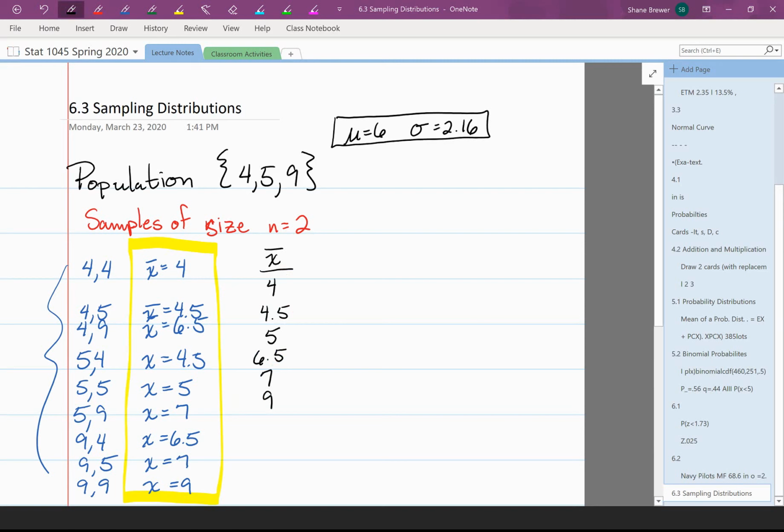And what's the frequency of those? Well, 4 shows up once, 4.5 shows up twice. 5 shows up once. 6.5 shows up twice. 7 shows up twice. 9 shows up once. Is that right? 1, 2, 3, 4, 5, 6, 7, 8, 9. Okay? And so this is called a sampling distribution.